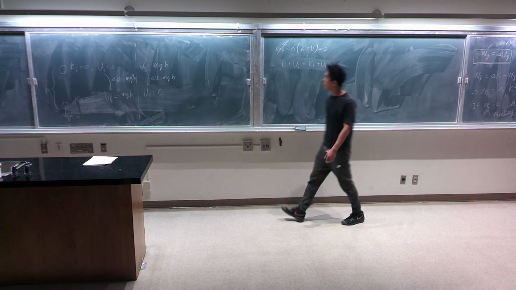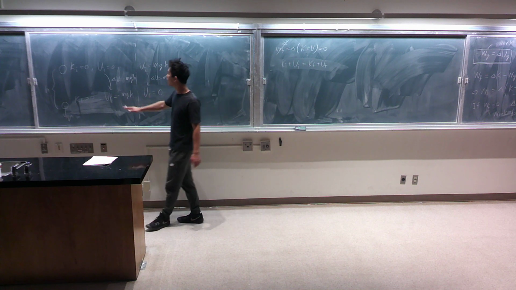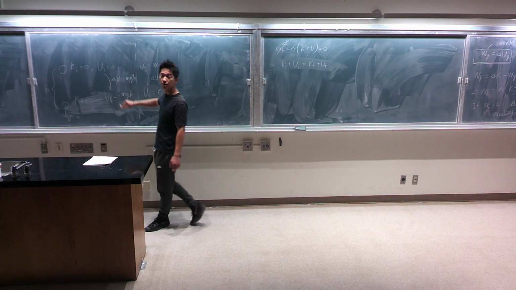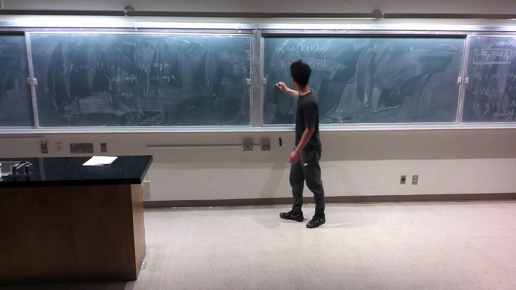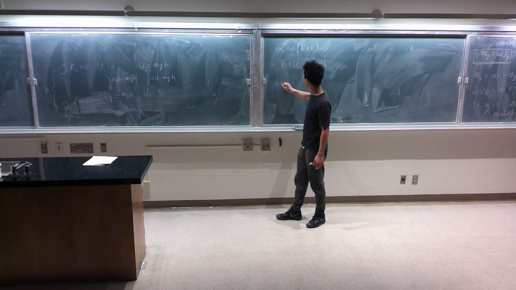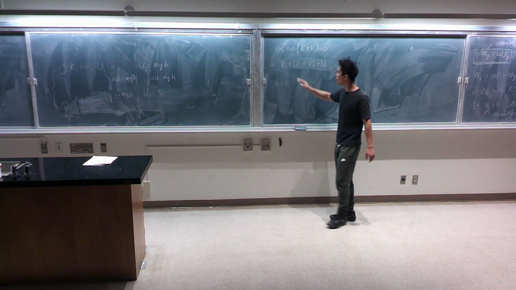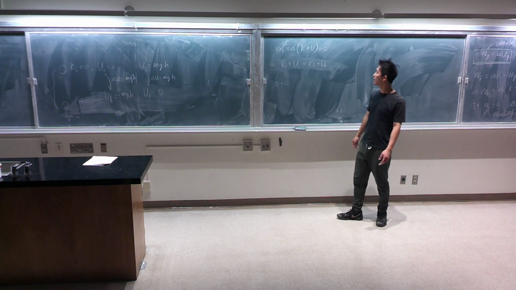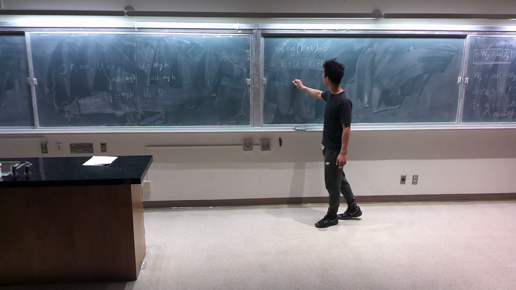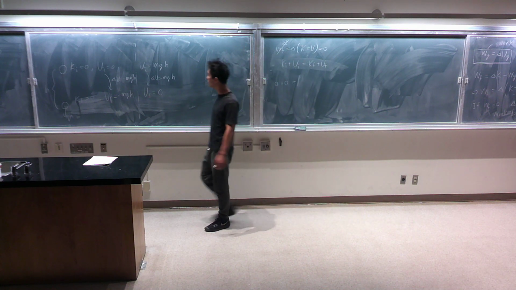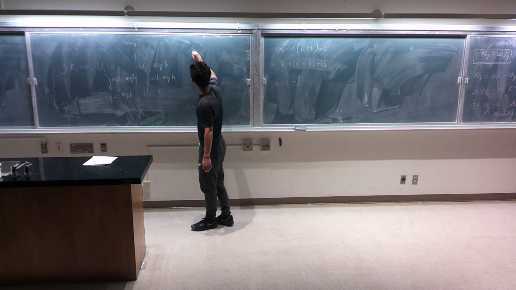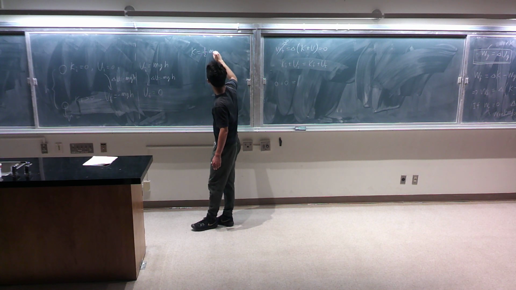So if I set the potential energy up here to be 0, then both the initial kinetic energy and initial potential energy are 0. I get 0 plus 0 should be the final kinetic energy. Kinetic energy is 1/2 mv squared. We need to memorize that.